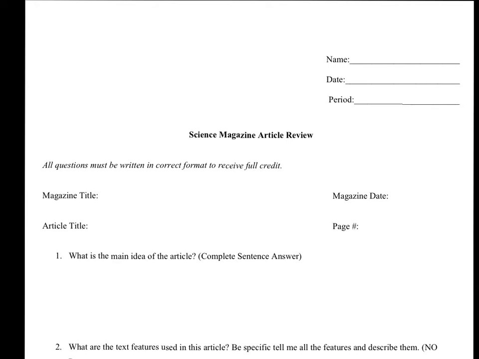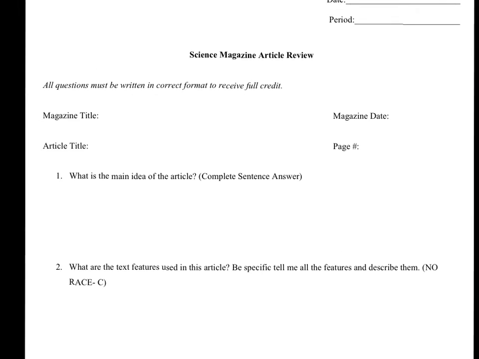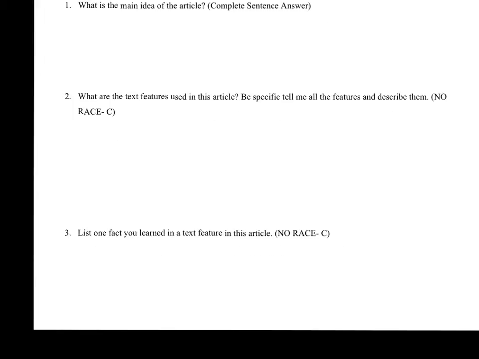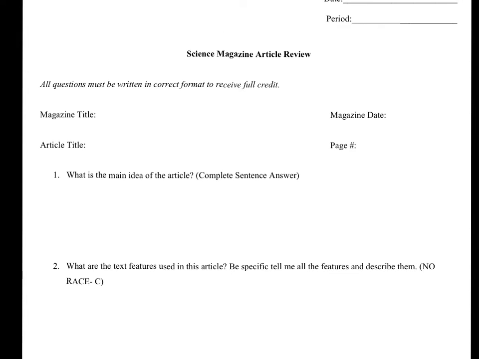Then you will download the Science Magazine article review from Canvas, and you will complete the 4 questions. Here's 3, and then there is one more on the next page.